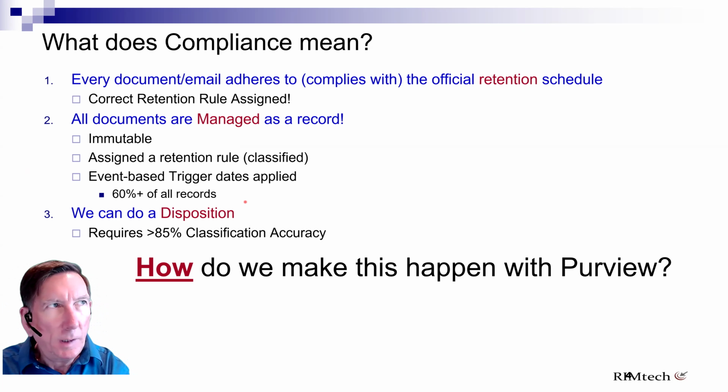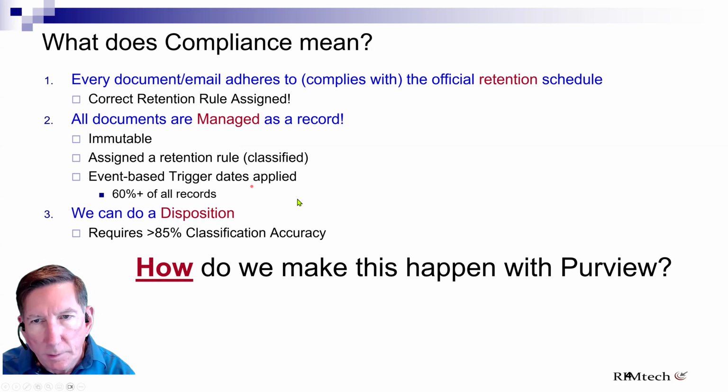That means that in order for the software to properly process those records, they have to have all the event dates in hand so they can apply them. Without proper treatment of the 60% of records that are event-based, disposition will be a failure.